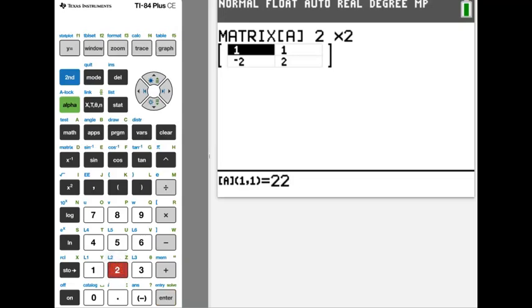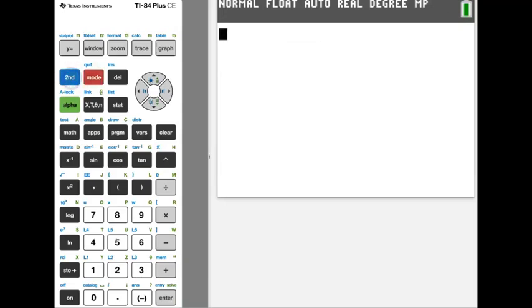And then I can just type right over top of those numbers that are already in there. Let me go back. All right, there we go. So matrix A was 2, -3, -2, and then 1. And we're just hitting enter to move to the next one. Okay, now I'm going to have to quit out of that.